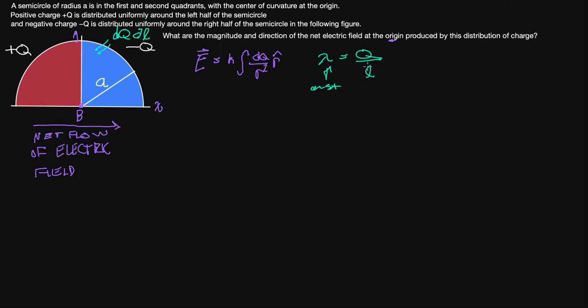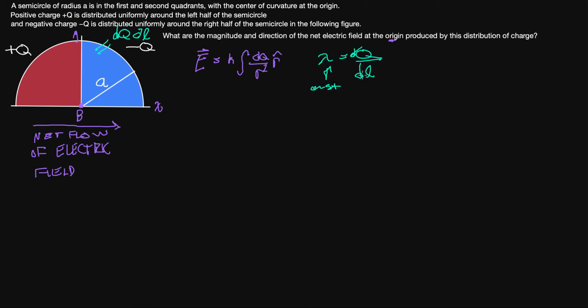So this Q is staying the same and this length is staying the same, so this is going to stay the same. And so if we want this dq, we don't have a dq here, but we can make one by saying dq/dl, taking the derivative with respect to L, will give us this equation, and that makes sense, right?